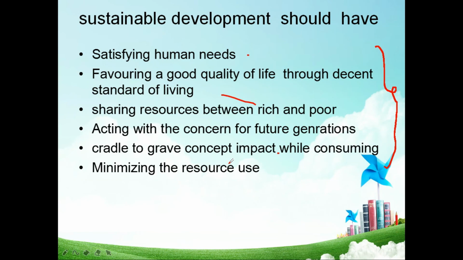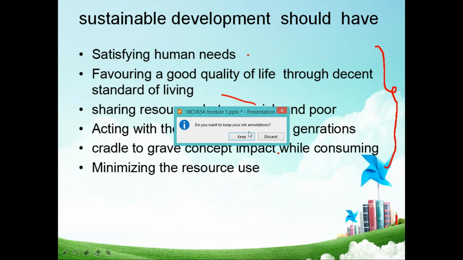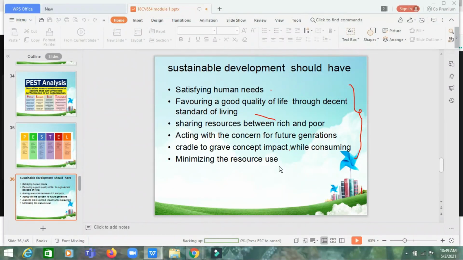So these are the sustainable development expectations and approaches that we as common people or as engineers will tend to have. Okay, with this I'll end my part of the presentation for today, and let me take any interactions. If you have any questions, you can ask. Okay.